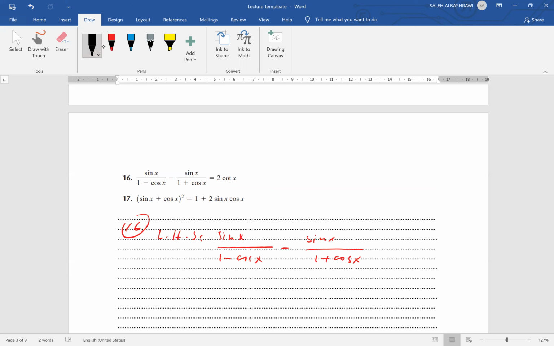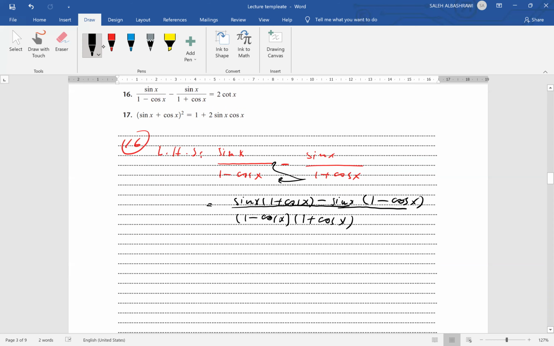So this will give me, for the denominator, 1 minus cosine x multiplied by 1 plus cosine x. We multiply this together, then for the numerator I'll have sine x multiplied by 1 plus cosine x, minus sine x multiplied by 1 minus cosine x.